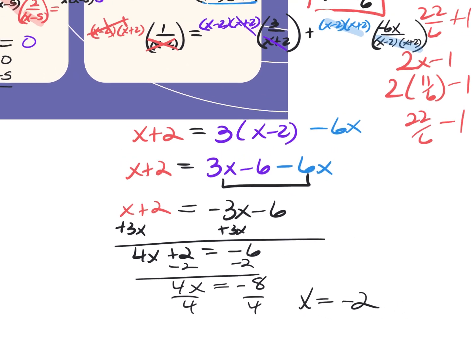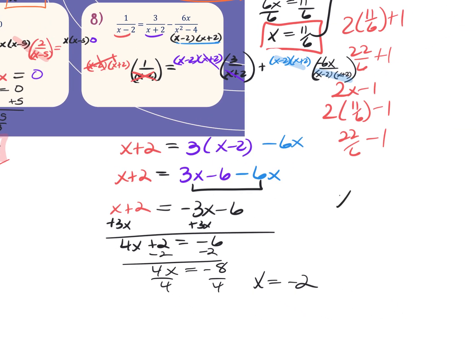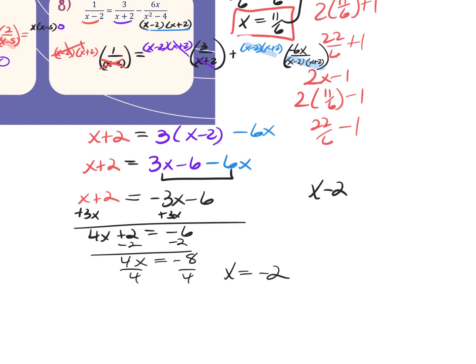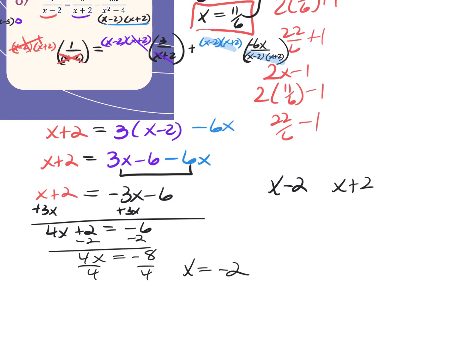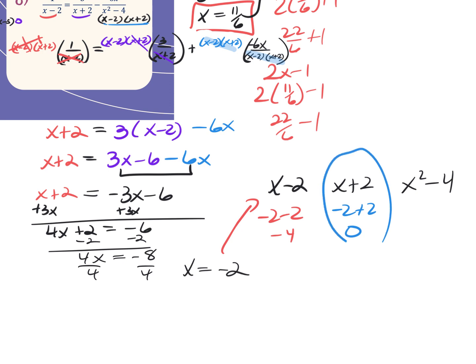So remember, your denominators were x minus 2, x plus 2, and x squared minus 4. So if I plug it into this one, I get negative 2 minus 2. It's negative 4. That one's okay. When I plug it in here, the second fraction gives me a 0.